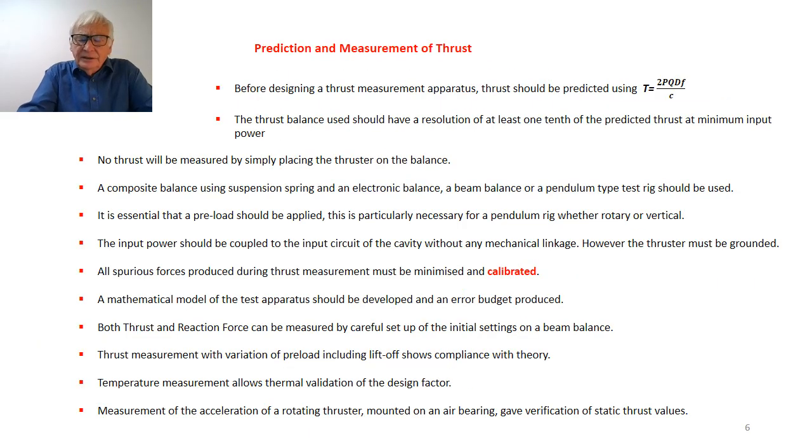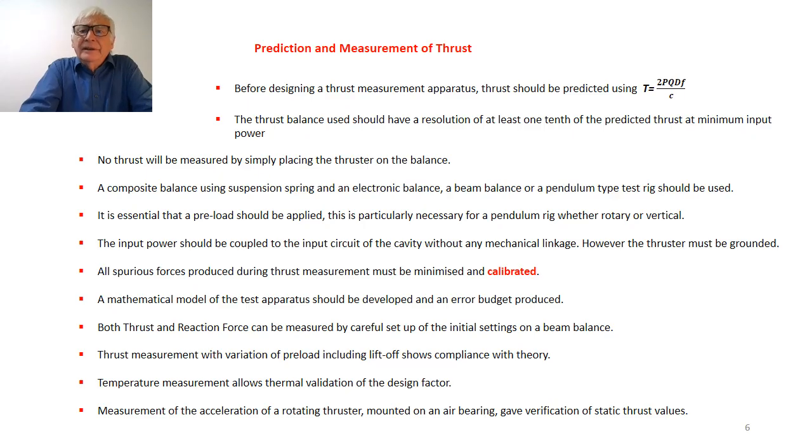Now, the next thing you'll want to do once you've designed, manufactured and initially tuned and tested your thruster is to measure the thrust that it gives. And even before you design your thrust measurement apparatus, you need to predict what you're going to get, and clearly here you use the thrust equation.